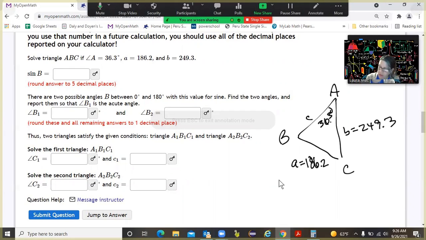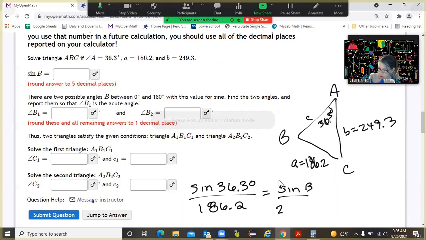So when you try to put this in, you're going to have sine of 36.3 degrees over 186.2 is equal to the sine of b over 249.3. So what you're going to get in your calculator is 249.3 times the sine of 36.3, and then we divide that by the 186.2.